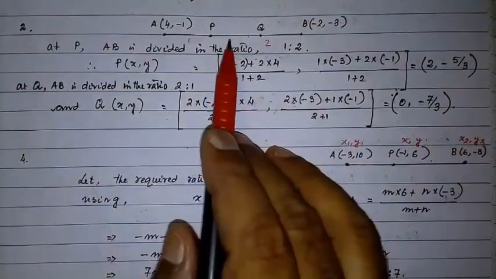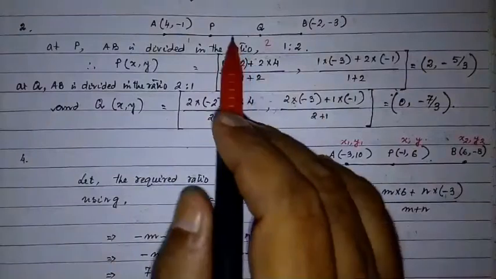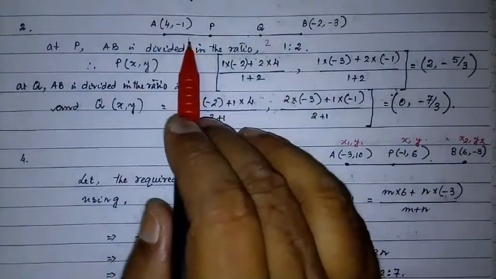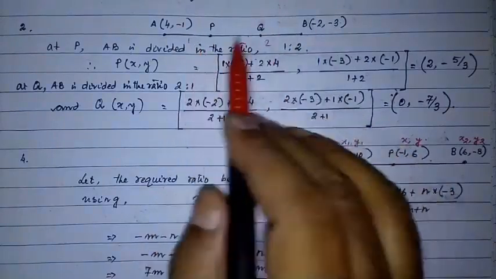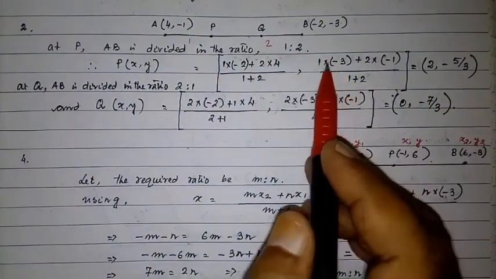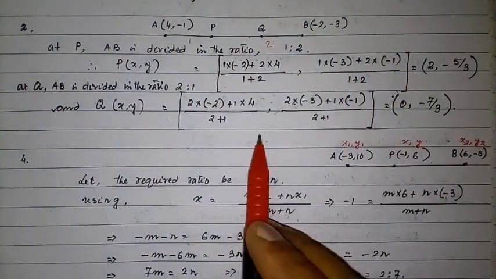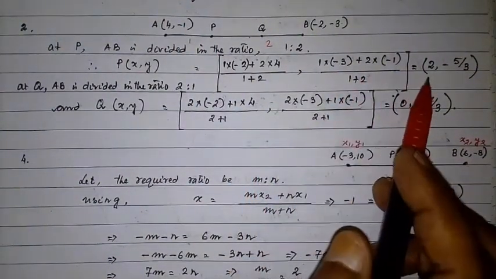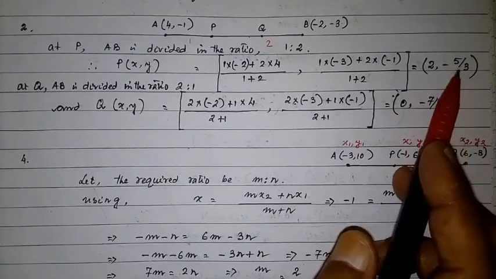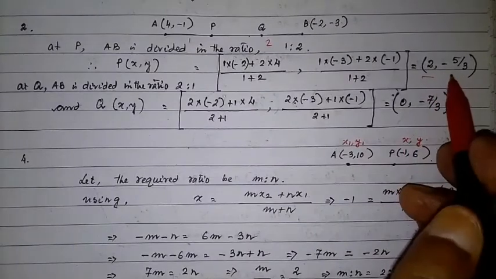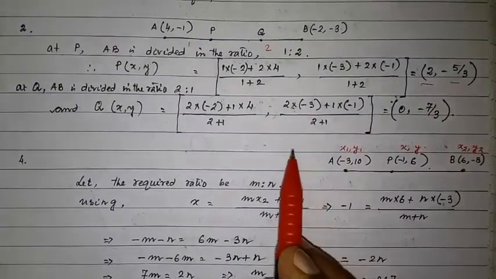Similarly for the y coordinate, my2, 1 into -3 plus 2 into -1 by m plus n, that is 1 plus 2. It comes 2, -5 by 3. Therefore the coordinates of the point P are (2, -5/3).